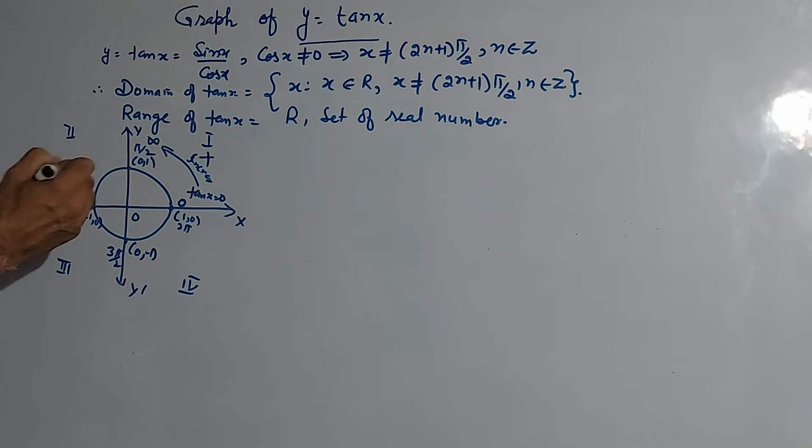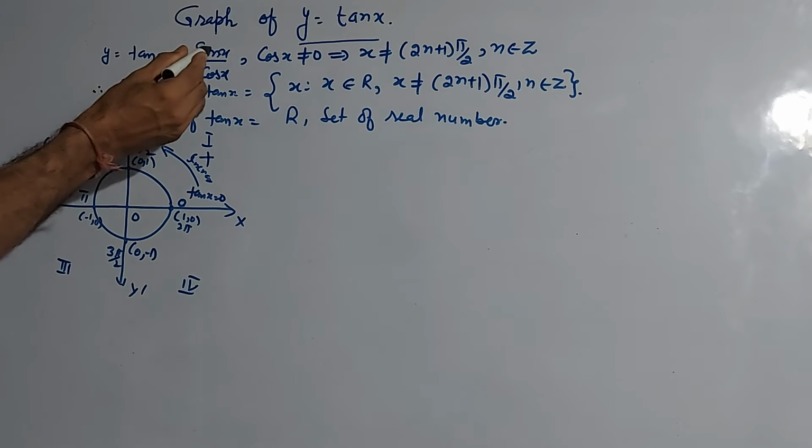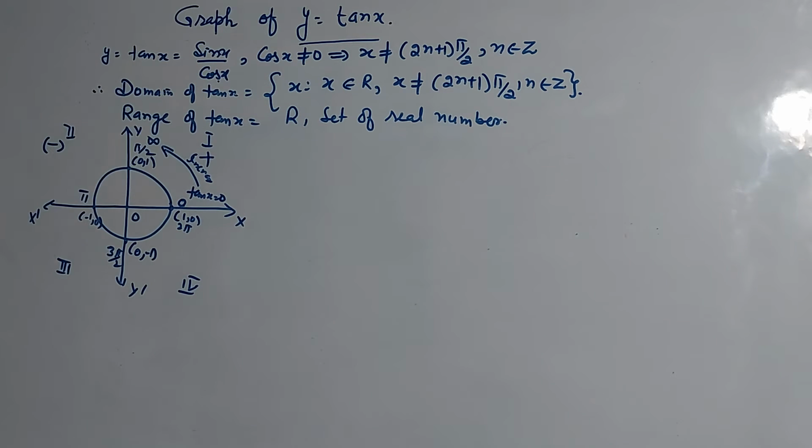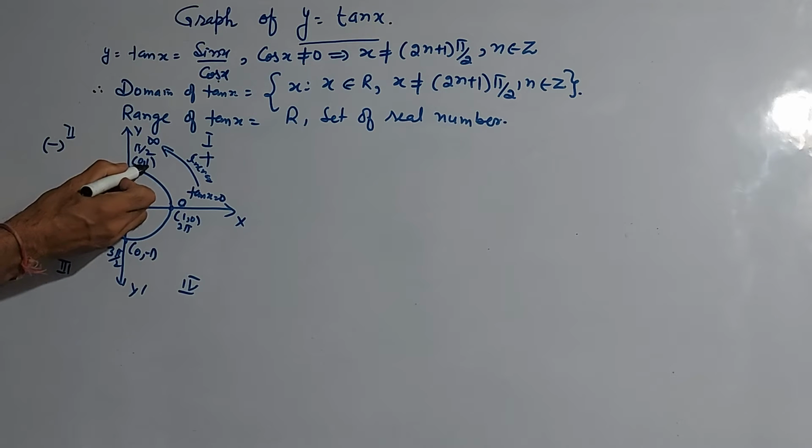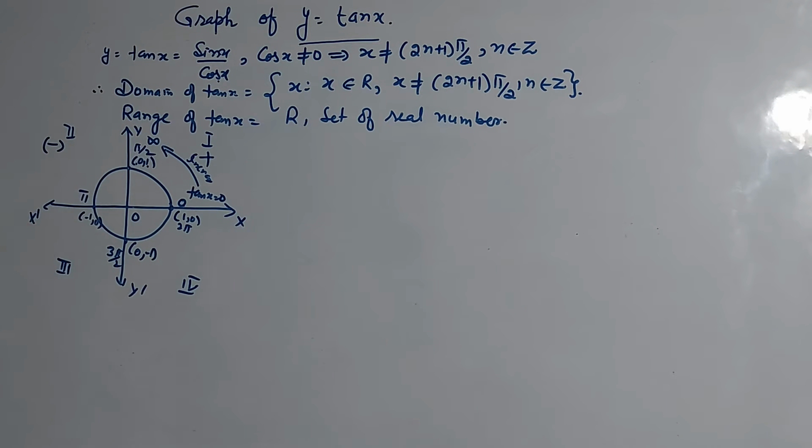And here in the second quadrant tan is negative because sine is positive, cos is negative. Here we can see from these coordinates, sine is 1 and cos is 0, and so 1 is positive, 1 is negative, so tan is negative.